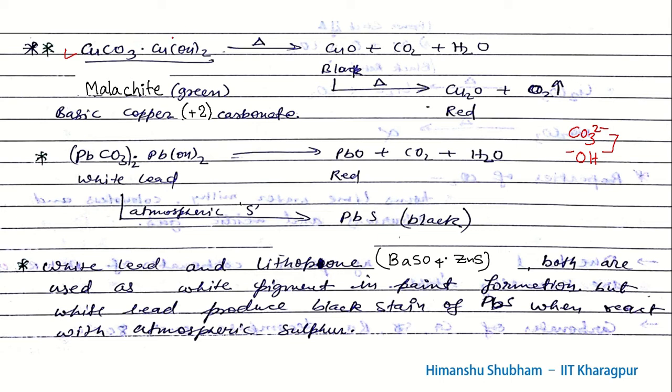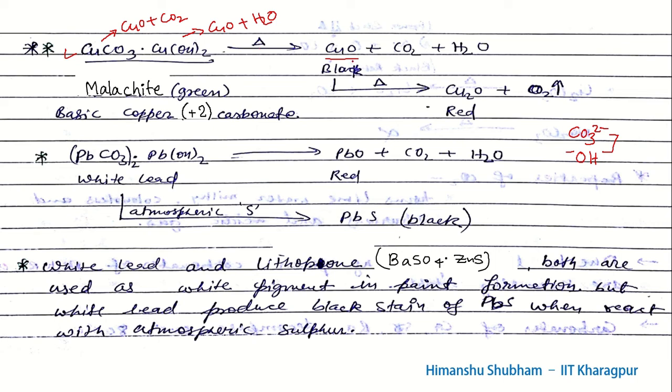The decomposition product would be simply the addition of the individual decomposition products of CuCO3 and Cu(OH)2. The decomposition of CuCO3 on heating gives CuO and CO2, and that from Cu(OH)2 gives CuO and H2O. So the final decomposition products would be CuO, which is common, and CO2 and H2O.